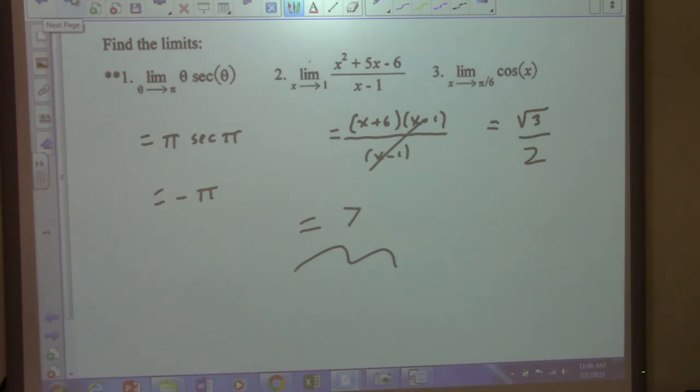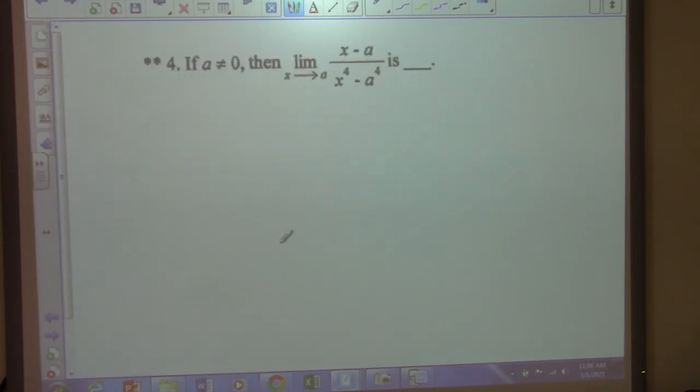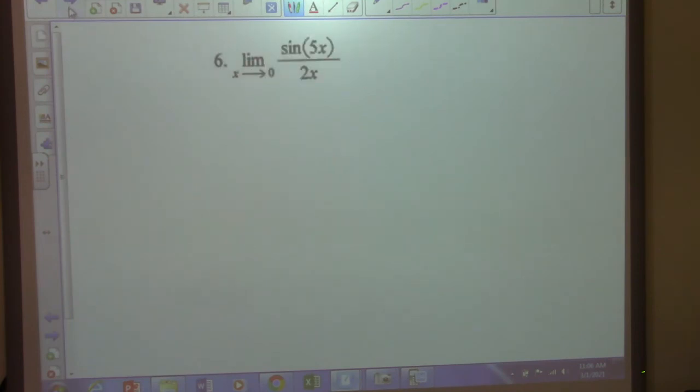Let's go to this one here. We did this one earlier. I want to skip this one temporarily, and this one, we did this. What is this one going to be? Special trig limit. Look at your note card. I'm going to guess, this is a pure guess, 5 over 2. 5 over 2 is actually right.